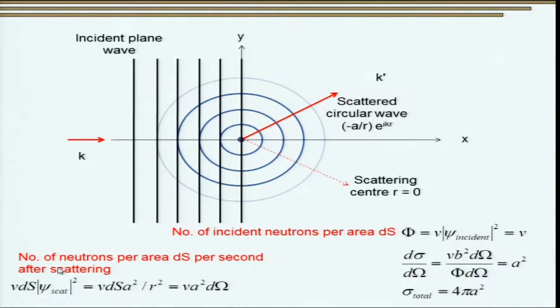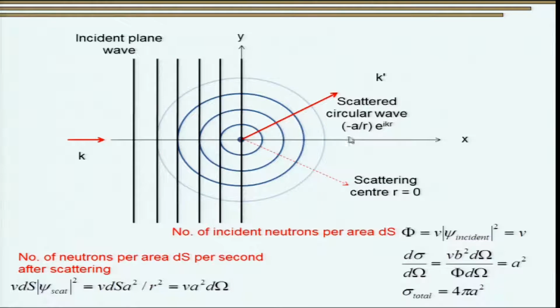At the end of the day, we end up getting v A squared d omega, where d omega is a solid angle. You know that the scattered circular wave has the form minus A by r e raised to the power i k r. Now the number of incident neutrons per unit area dS, which is your flux phi, is v times the incident wave squared, which is equal to v, and the cross section d sigma by d omega is equal to A squared.